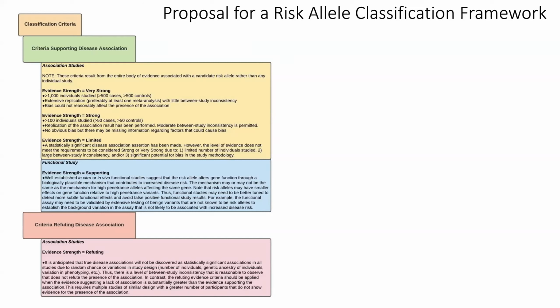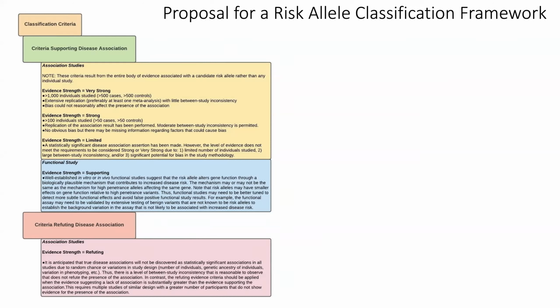And this gets really tricky because with these association studies, frequently they don't always reproduce. They don't always replicate the result. And that can be because of chance. It can be because of different study designs and different populations studied.